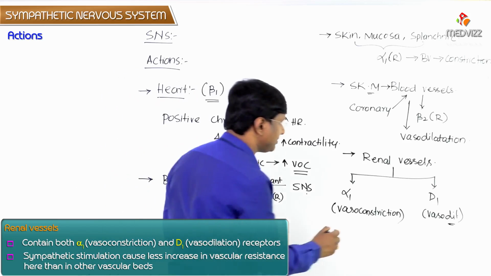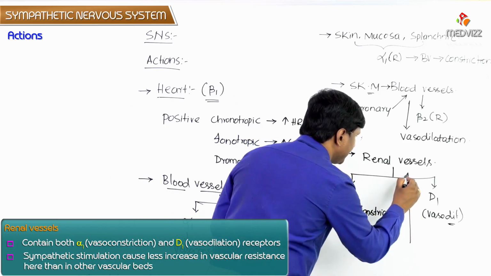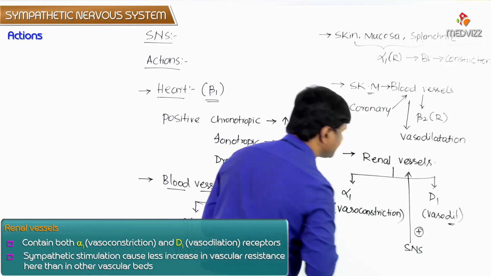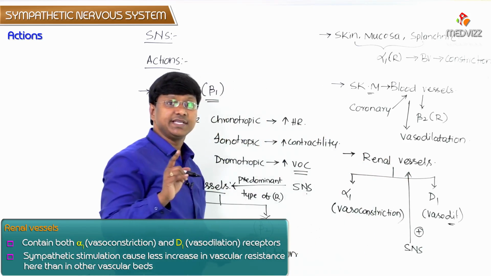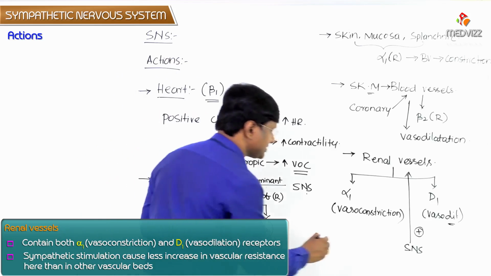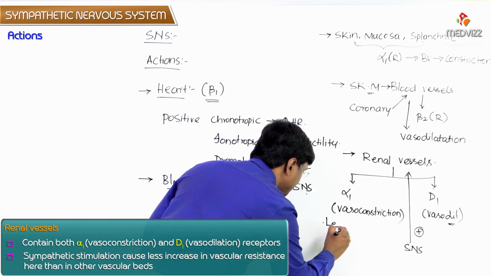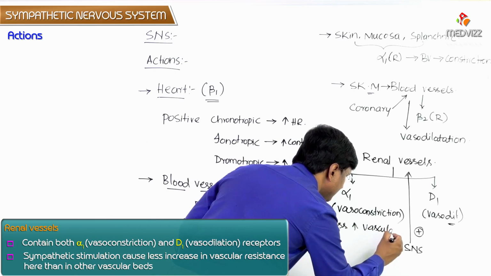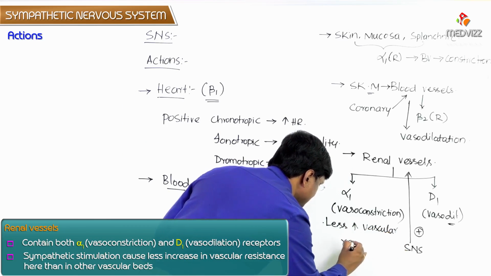So when the sympathetic nervous system is stimulated, there is an increase in vascular resistance, but less increase in vascular resistance.